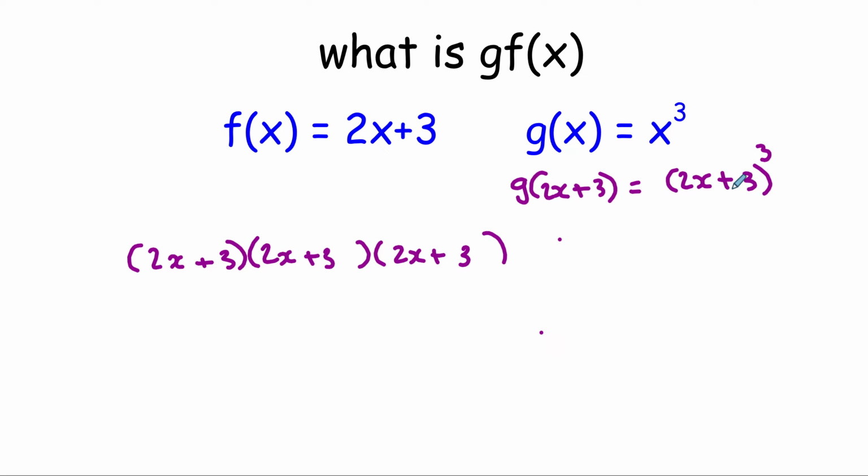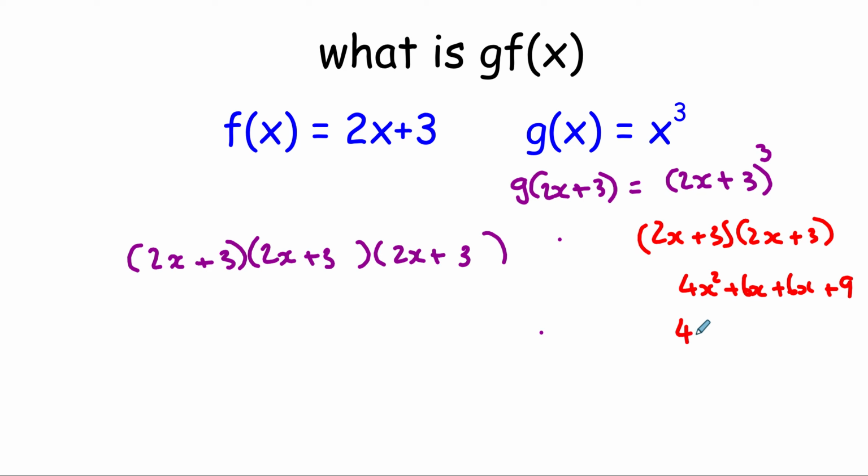Now, a quicker way, an easier way to look at this, as it does get a little bit complicated, is let's just expand out 2x plus 3 and 2x plus 3. That would give us 4x squared from 2x times 2x, and then we have 2x times 3, which is 6x, and then we have another 6x from the second multiplication, and then we have a 9.